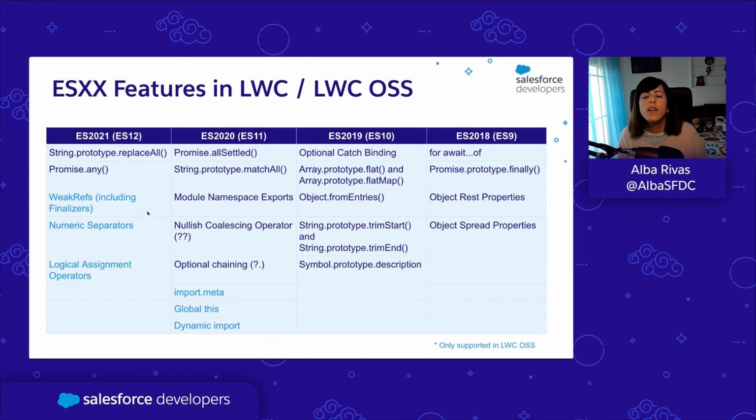Here in the table you can see some features in light blue. They are in light blue because they only work when using Lightning Web Components outside of the platform. And this is normally due to local services.